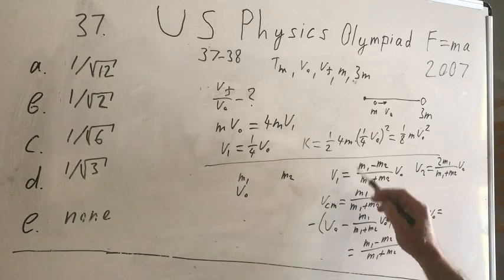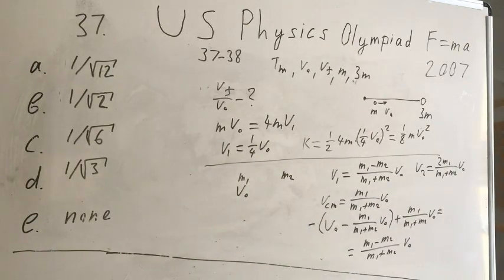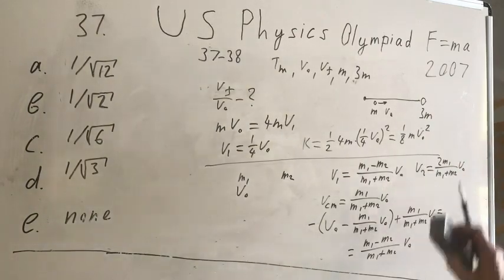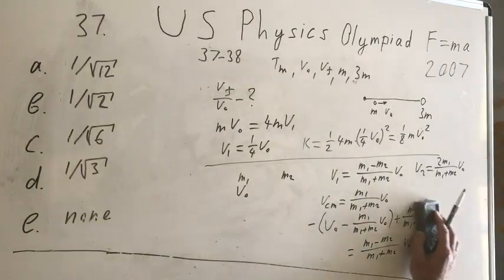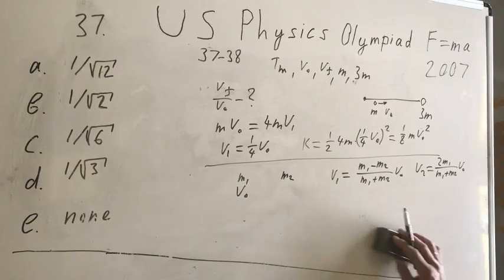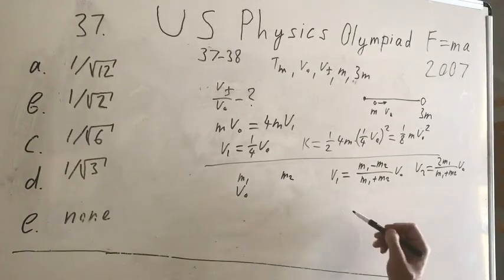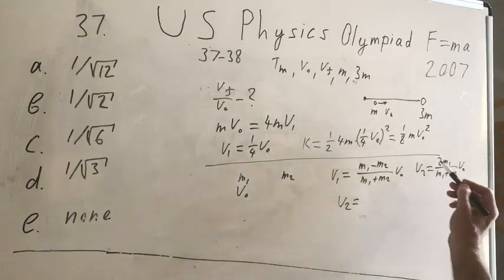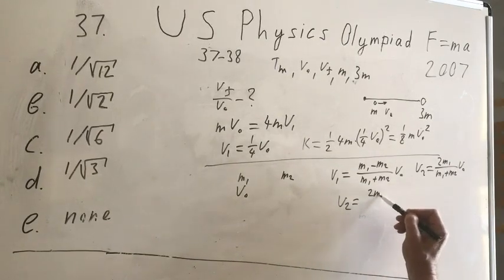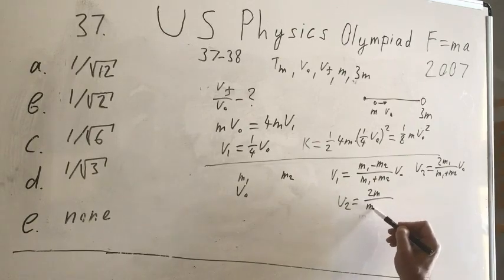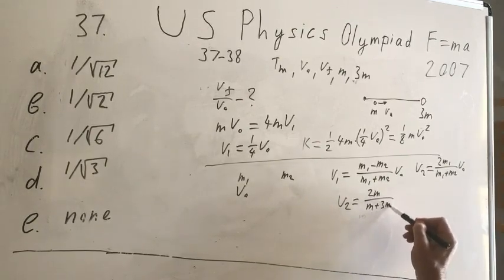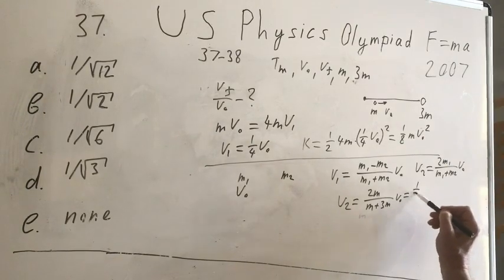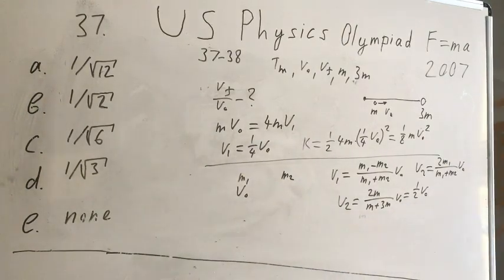So that's this one. Now we can use these formulas to count what is the velocity of this second mass after collision. We have v2 equal to 2m1, which is 2m, over m plus 3m, v0, which is 1/2 v0.